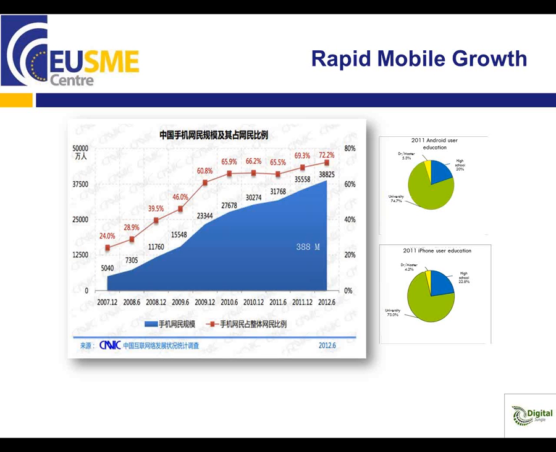Currently about 400 million people access the internet and social media platforms from their mobile device, knowing that we probably have about a billion plus mobile phone users in China. So slowly, those people are upgrading their mobile phone from a simple mobile phone to a web-enabled mobile phone.